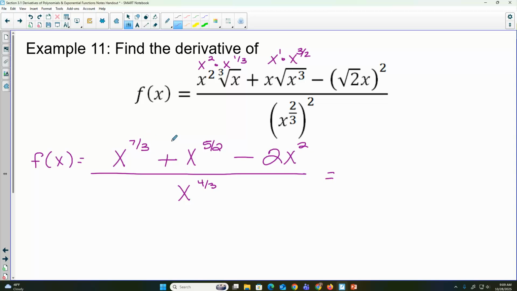If these are being divided, what can you do with their exponents? So 7 thirds minus 4 thirds? 1. Okay, 5 halves minus 4 thirds. So 3, that's what you do. 15 minus 8 over 6. 7 sixths.